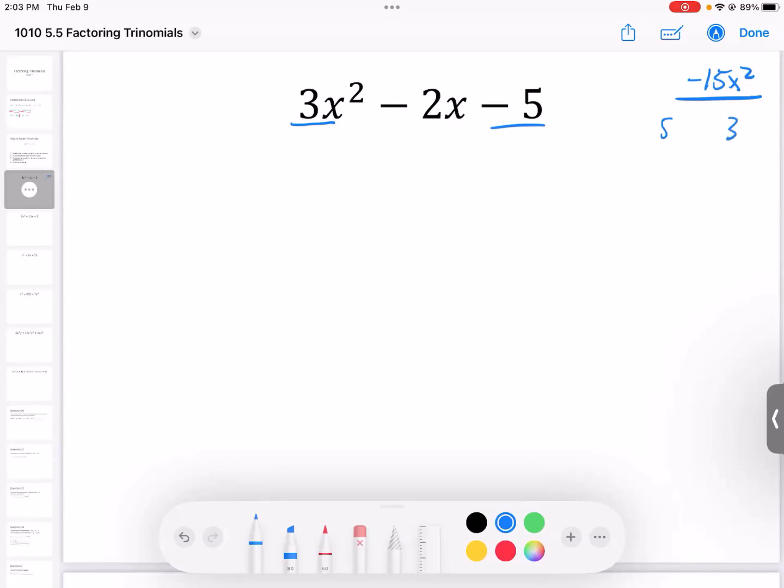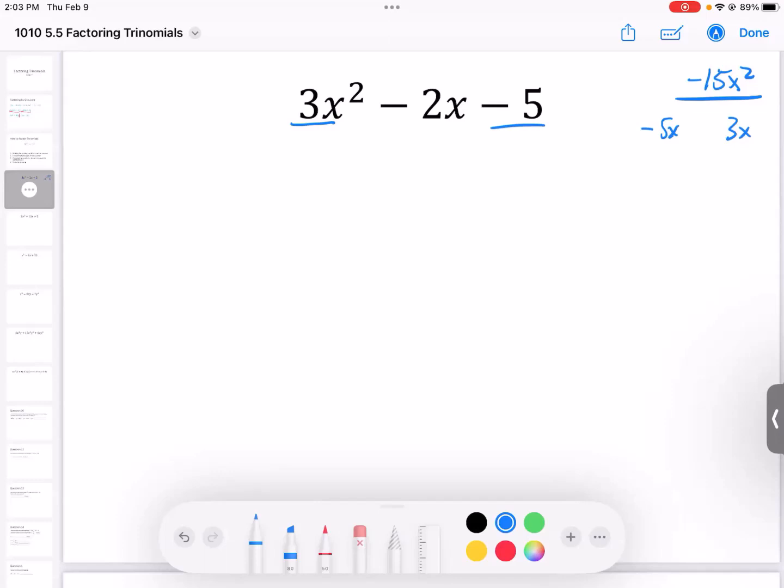and it looks like 5 times 3 is going to be the right combination here, because if I want it to be -15, one of them has to be negative, and if I make the 5 negative, and I have -5x and +3x, those 2 numbers will multiply together to equal -15x squared, and they will add together to equal -2x.